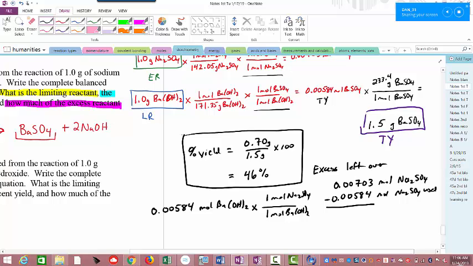And if it asks for it in grams, convert from moles to grams. So we're going to have 0.00119 moles, assuming I did my subtraction right since I didn't use a calculator. The limiting reactant is the barium hydroxide because it was the one that made less product.